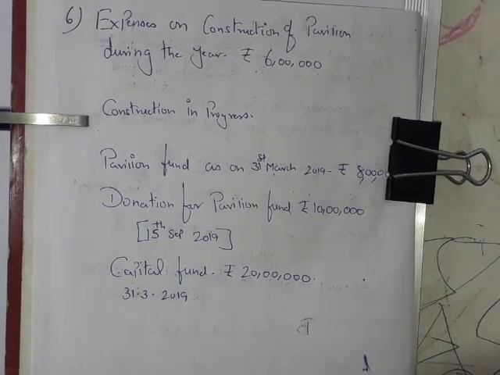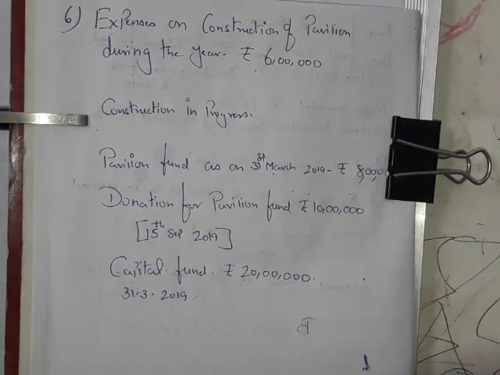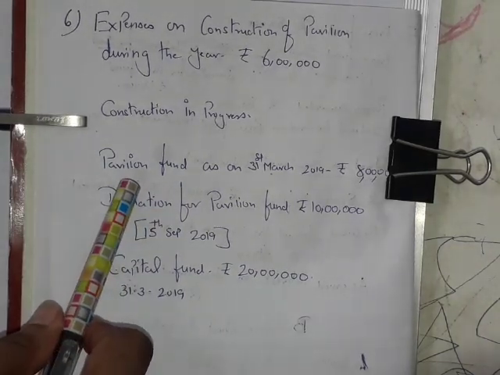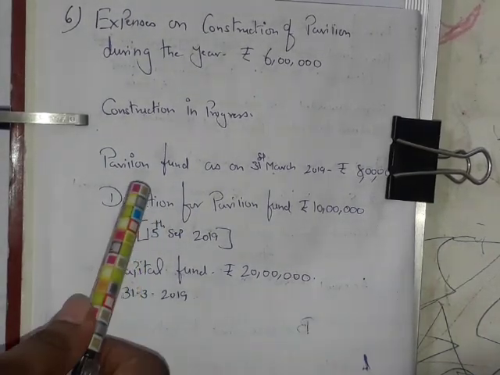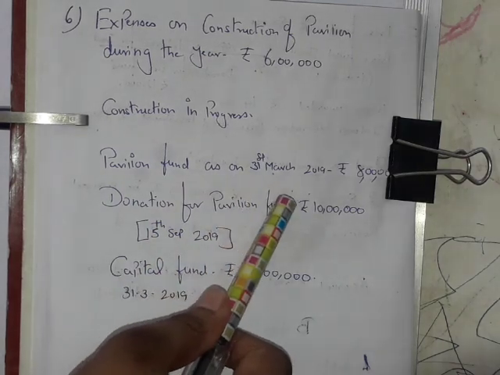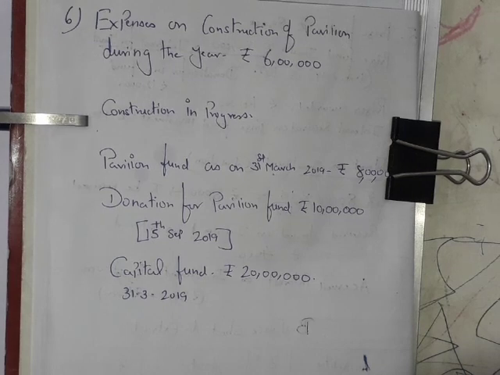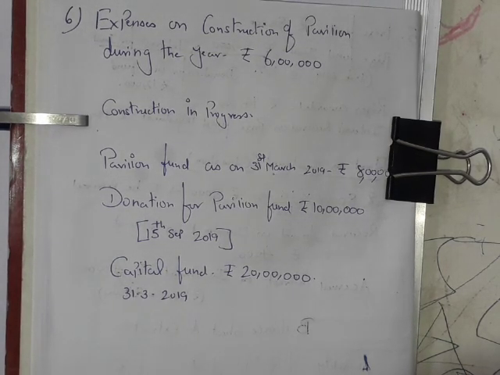Check in the question whether pavilion fund is given to us. Yes, you have been given information pertaining to the pavilion fund. What is that? Pavilion fund as on 31st March 2019 is rupees 8 lakh. So you have a pavilion fund of rupees 8 lakhs. Only if you have a pavilion fund can you spend money to build the pavilion. Clear?